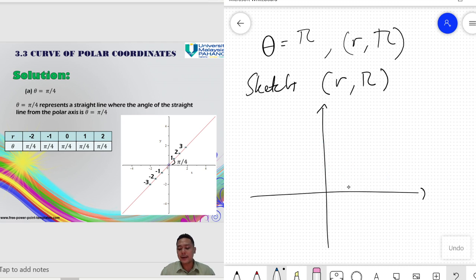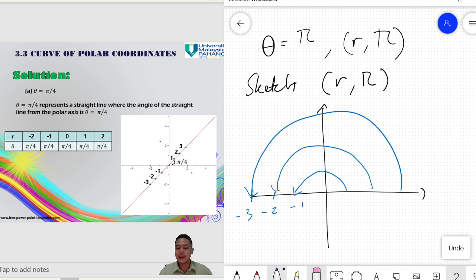Okay, I retract, so imagine pi is fixed, 1, 2, this is negative 1, negative 2, and negative 3. This will be represented by a straight line here, such that the angle is fixed at pi. Then the straight line here is parallel with the x-axis.